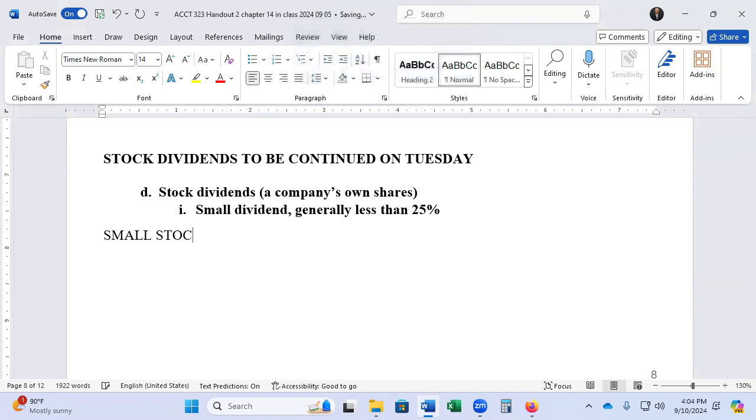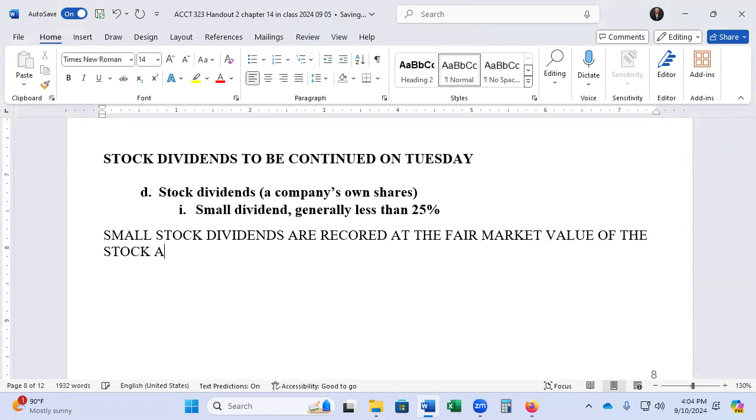Small stock dividends are recorded at the fair market value of the stock at the time of the award. And that means when the board declared.